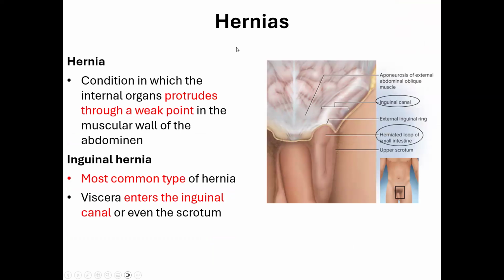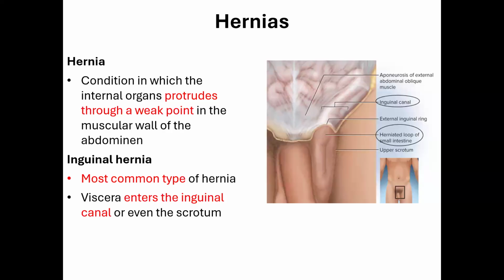All right, let's move into a clinical condition. Hernia. What is a hernia? Hernia is a condition where there's a weak spot in the abdominal wall, which is mainly muscles, right? There's the rectus muscle, and there are all these oblique muscles.